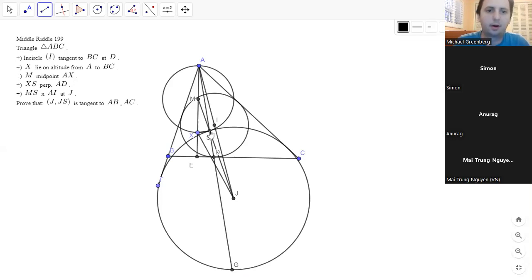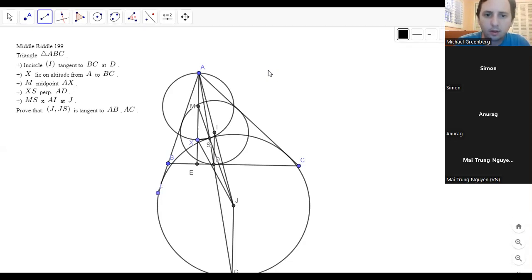That's by homothety at S, right? And ID is perpendicular to BC too. And we have the homothety centered at A. It takes I to J, and that solves the problem. Yes. So this problem is easier.